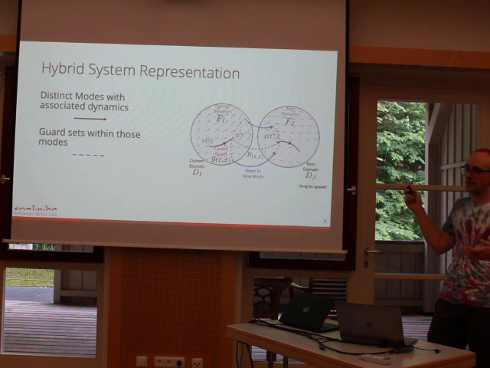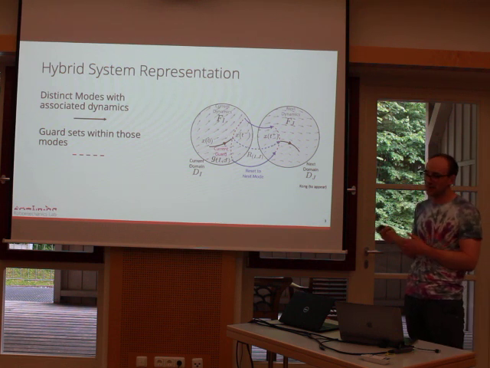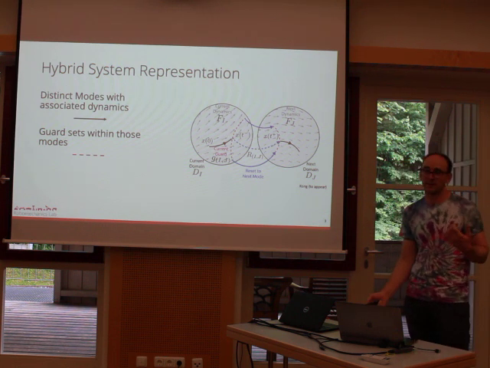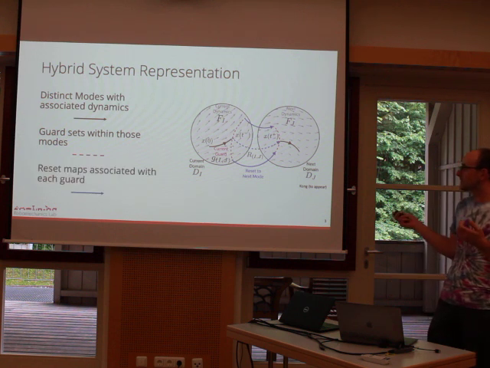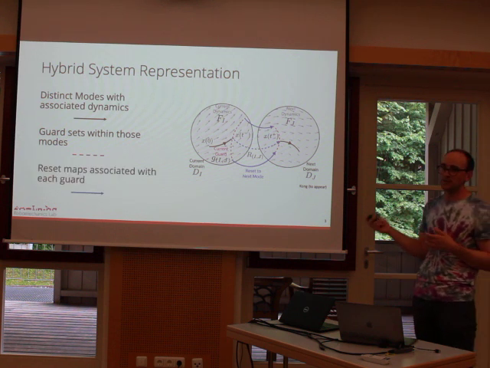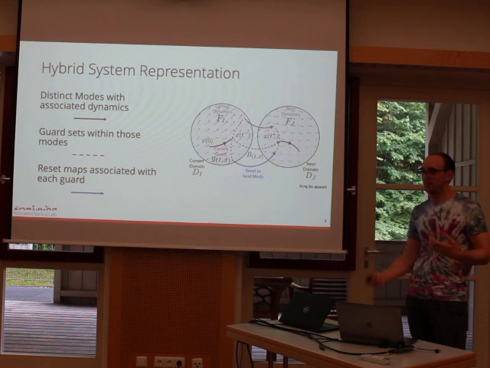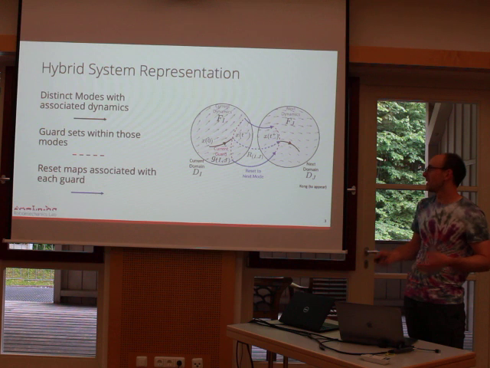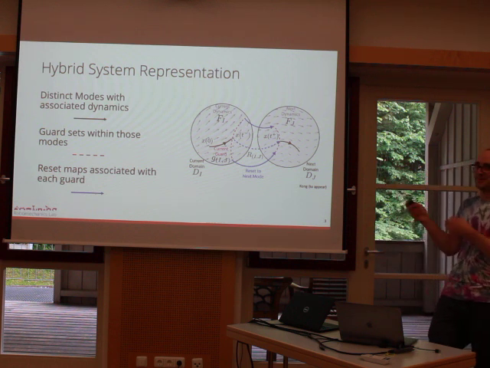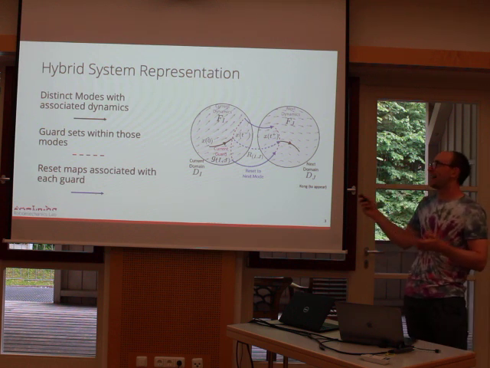And then some guard set, so in the case of a legged robot, that would be your foot hitting the ground. And then some reset map associated with those guards. So in that case, the foot hitting the ground stops moving in the direction of the ground. So that's how we can represent legged robots as hybrid systems.